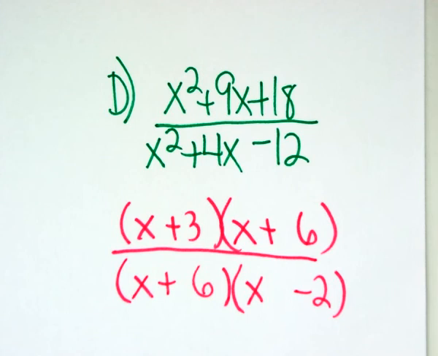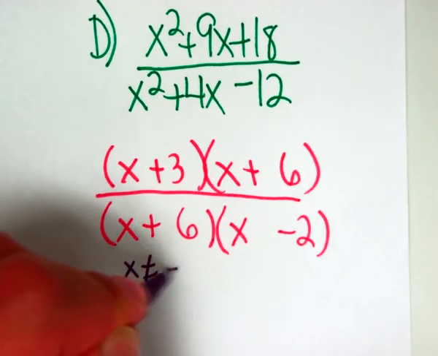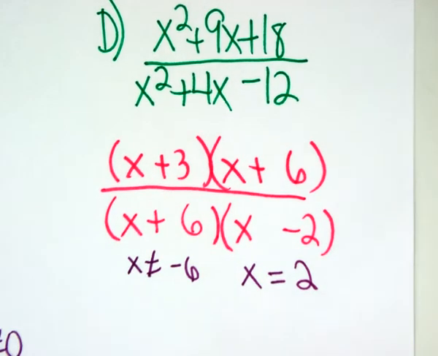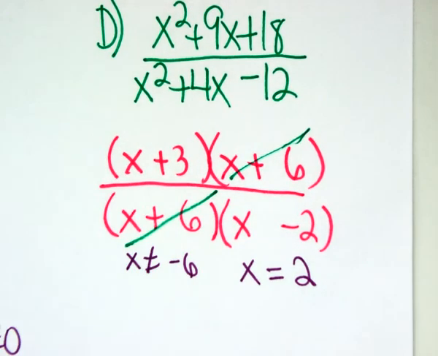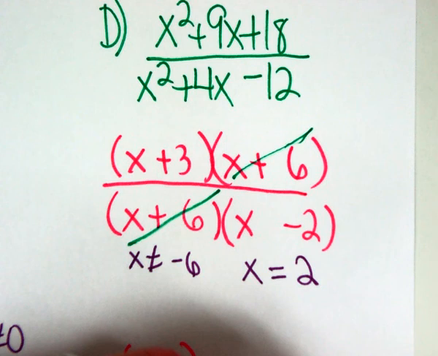The domain restrictions here are going to be x cannot equal negative 6 and x cannot equal 2. Simplify top to bottom. These cancel. And the only thing then that we're left with is x plus 3 over x minus 2. And x cannot equal negative 6 or positive 2.